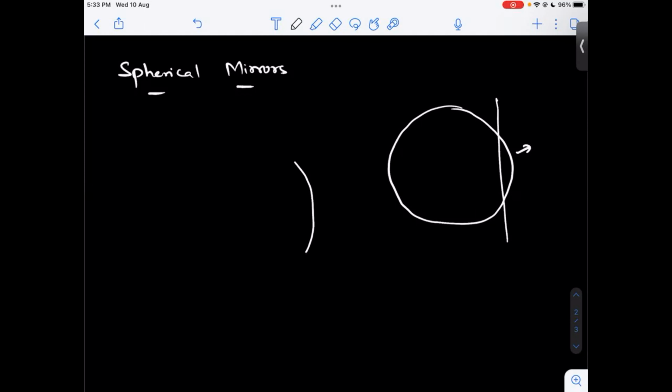That is, you take only this part, which is a smaller part. Then this kind of a surface, if it is polished at one of the sides, then this will become a spherical mirror.